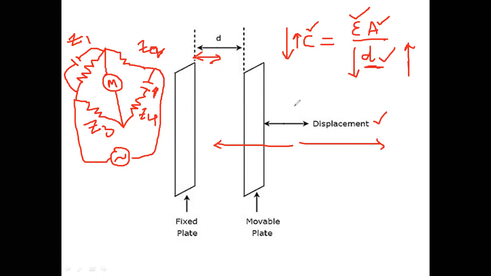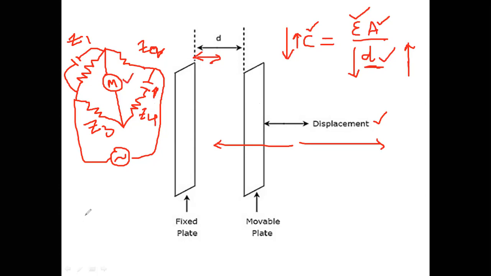But now what I am doing is the displacement is given to a sensor such that the impedance Z4 of this arm, resistor in series with capacitor, varies such that the bridge doesn't remain in balance, which is not balanced, and I will get output here.